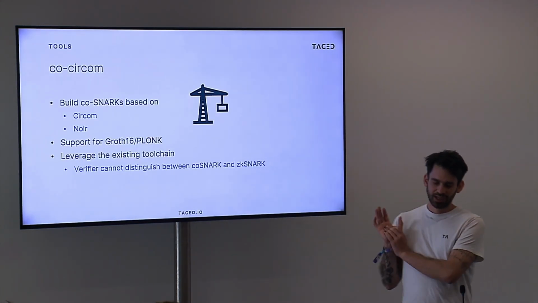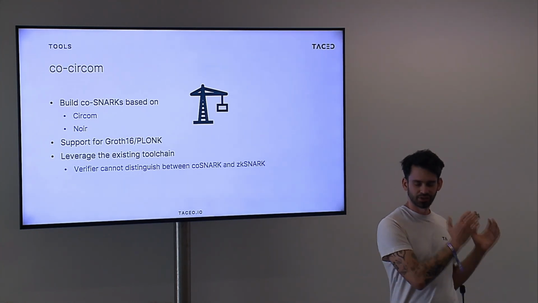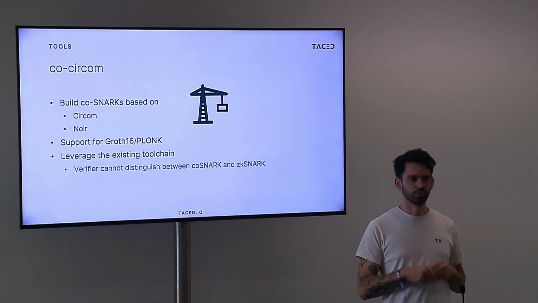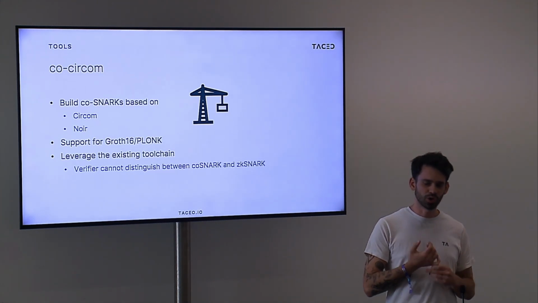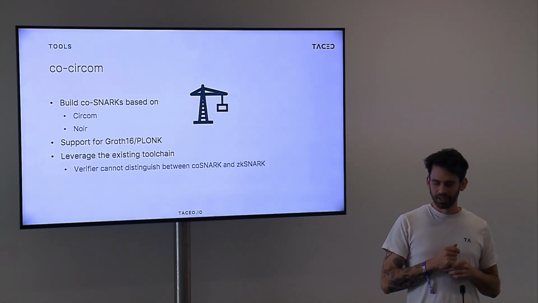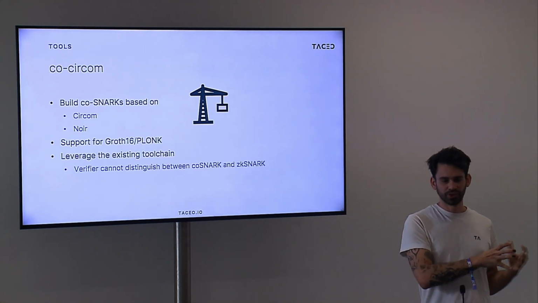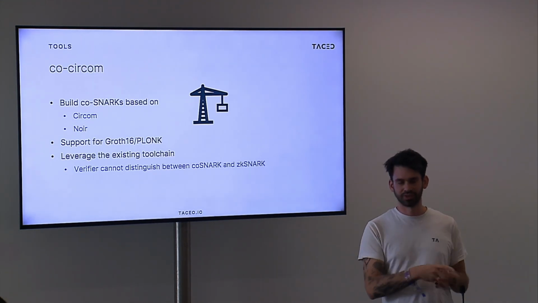So what is Co-Circom? As I already said, you can build collaborative SNARKs based on Circom circuits and Noir. We have support for Graph16 and PLONK for Circom, and we are using the Honk prover from Aztec for Noir. The really cool thing with this approach is that the verifier cannot distinguish between a collaborative SNARK and a zk-SNARK.